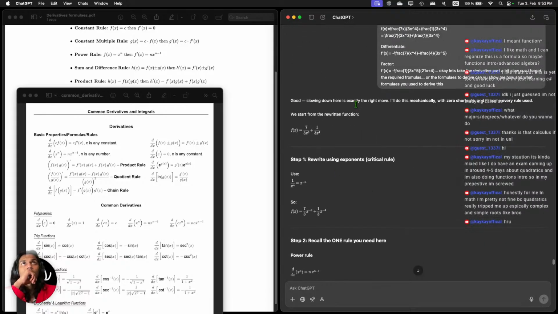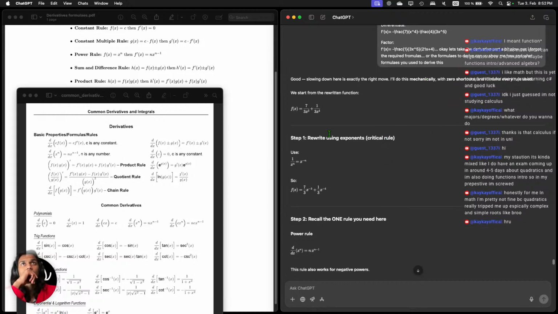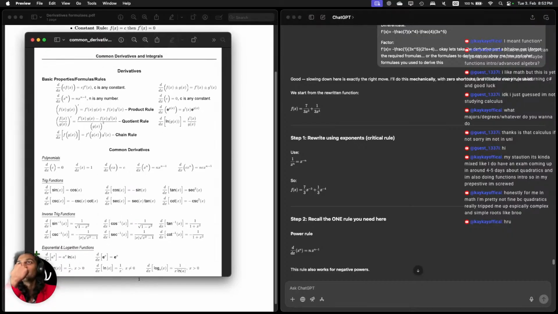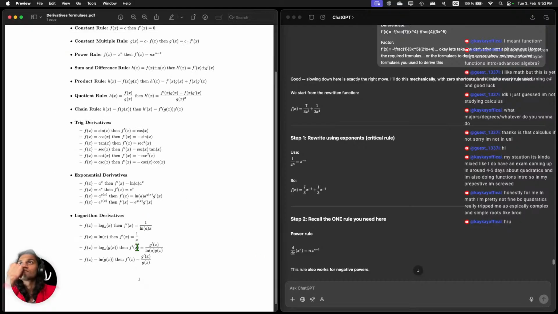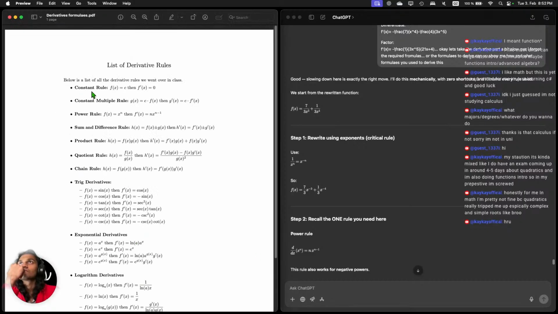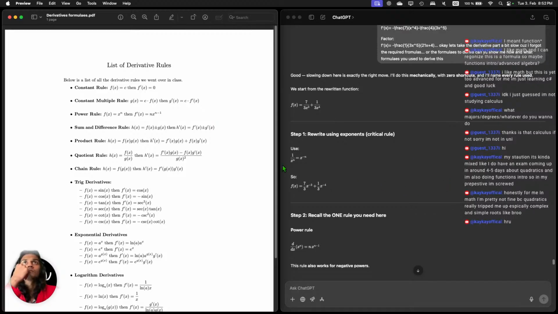Good. Slowing down here is exactly the right step. I'll do this mathematically with zero shortcuts. Rewrite using exponents. We don't have a critical rule up here. Okay, 7 by 3 x raised to minus 3.